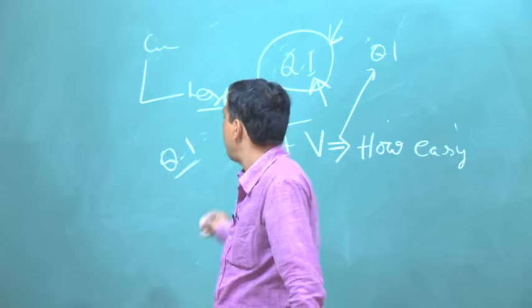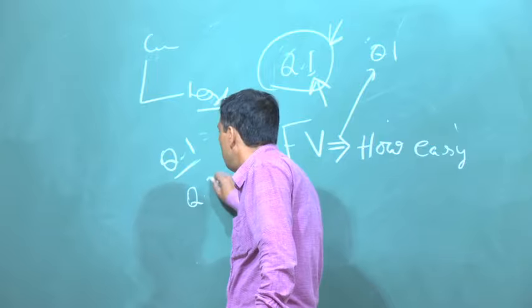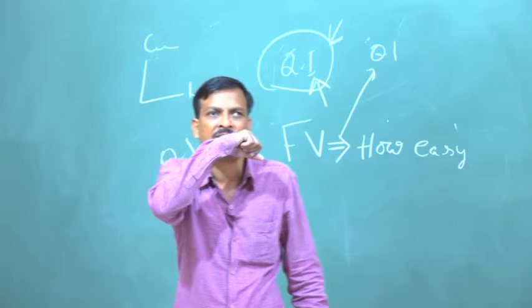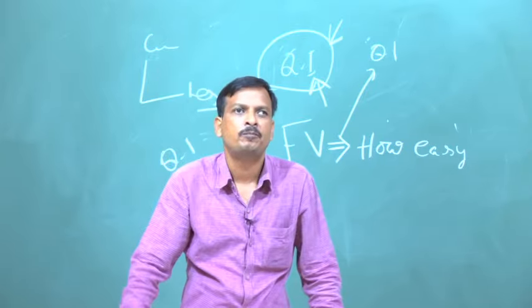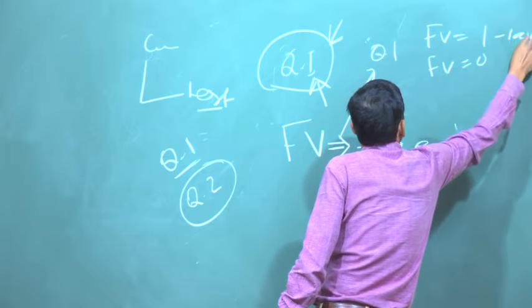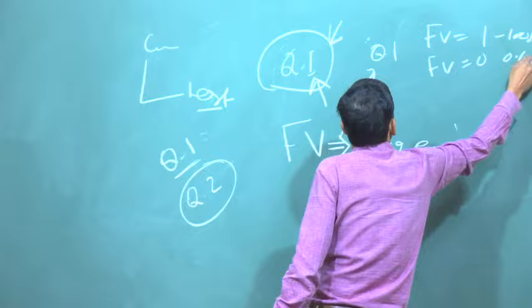I design a question number 2, and nobody can answer in my 30 student class. So, what is the easiness? It is 0. So, facilitation value can have a maximum value of 1 and a minimum value of 0, where 1 means 100% and 0 means 0%.